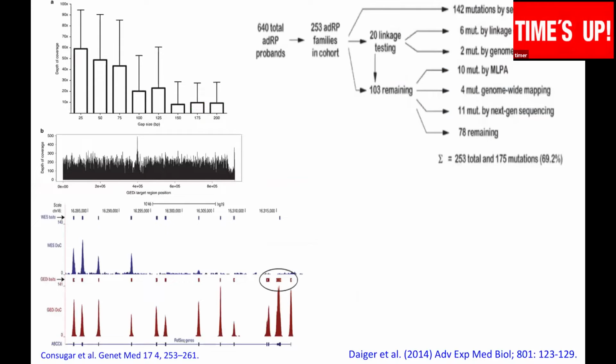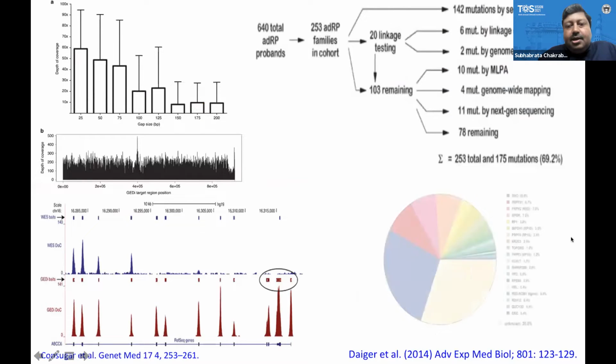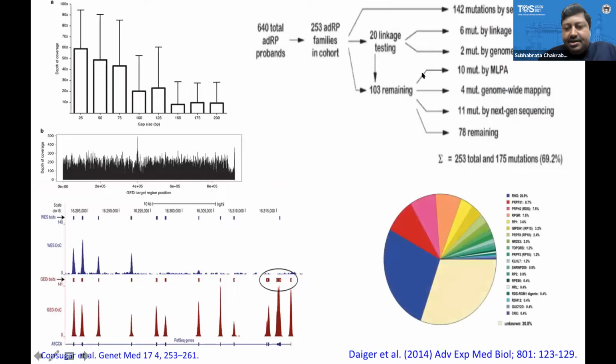And I'll take the last minute just to explain that even in retinitis pigmentosa, with those standard techniques, one can understand only about two-thirds of the condition, even in a very large cohort that was analyzed using multiple techniques.